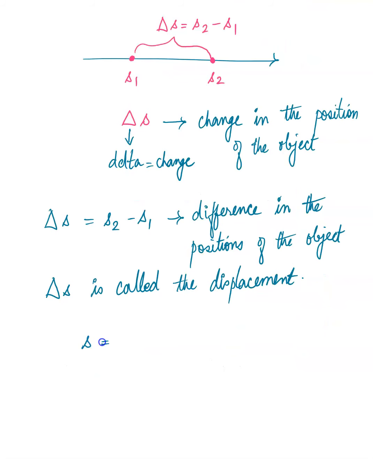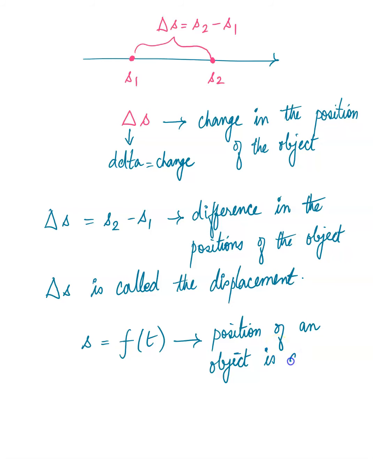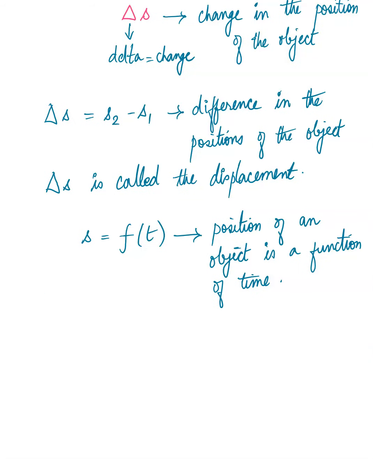So S is usually a function of time, f of t. Let me write that out here: the position of an object is a function of time. This is typically the way we write the function.